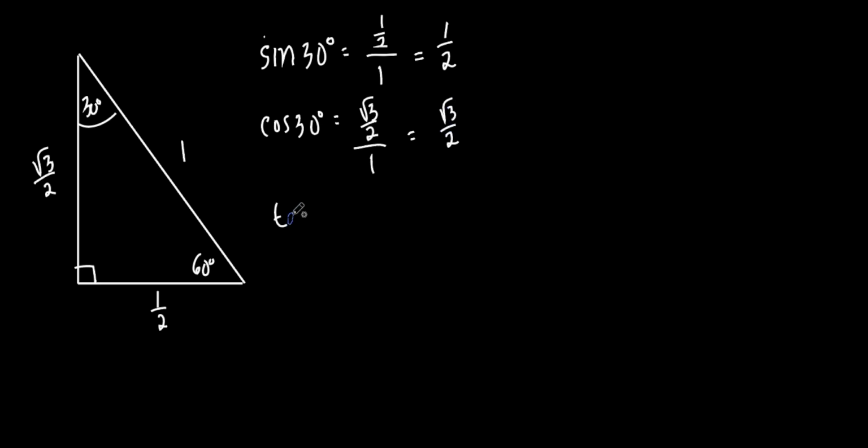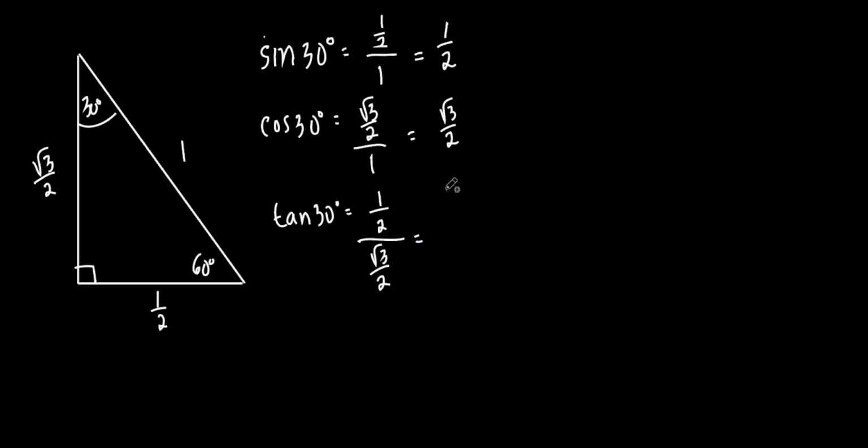Let's find the tangent of 30. What's the tangent? It's the opposite over the adjacent, correct? So it's not 1/2 times, it's divided by the square root of 3 over 2.